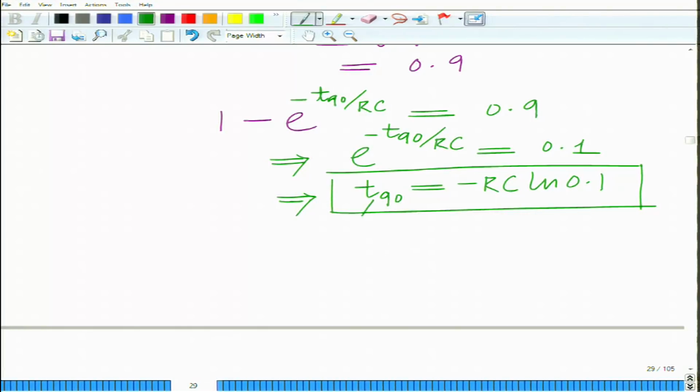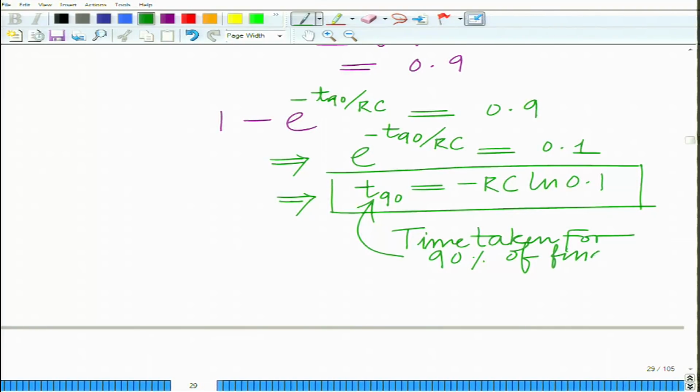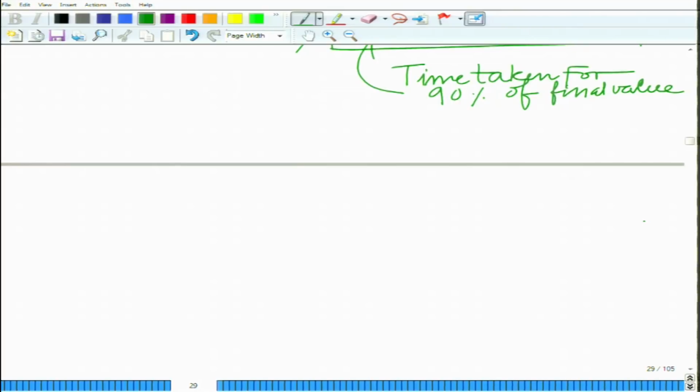Okay. So, this is the time taken to reach 90% of the final value, and therefore, the rise time is basically the time taken to reach 90% of the final value from 10%.